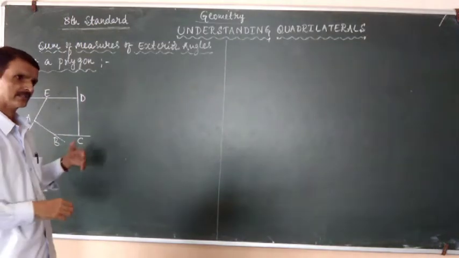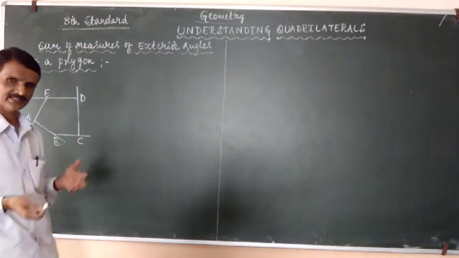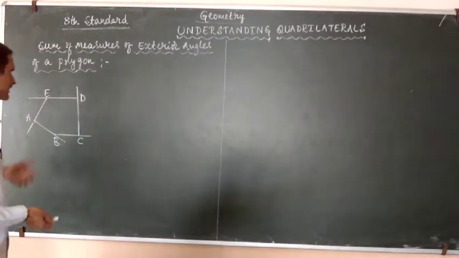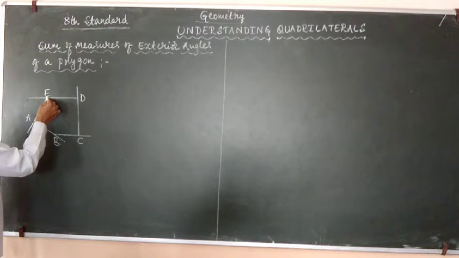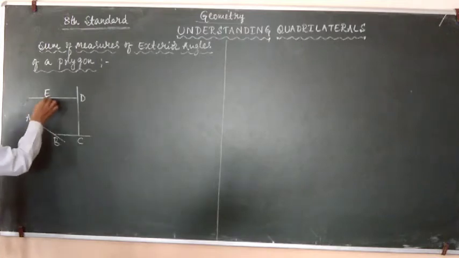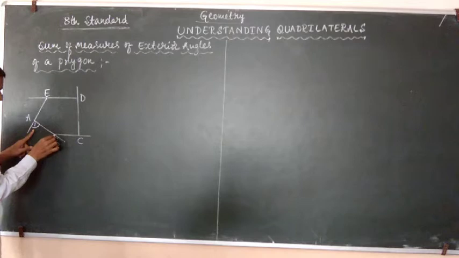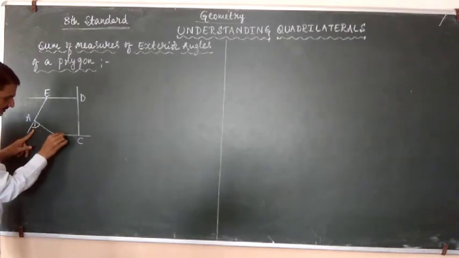Similarly, if we extend each side, we will get the exterior angle. Observe here, side EA is extended. Call this angle 1. This is an exterior angle. Side AB is extended. Call this angle 2.